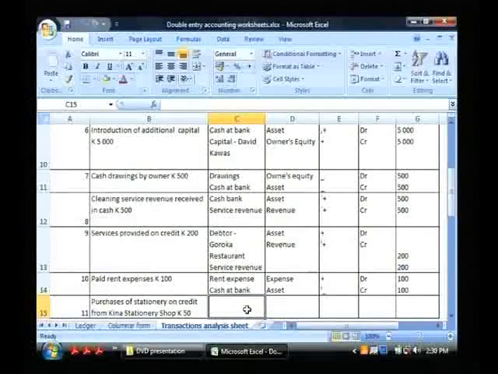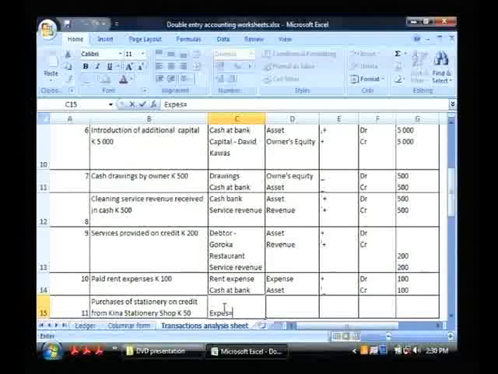On 11th, on this date, again credit transaction. The business has purchased stationery on credit from Kina stationery shop. So here stationery is an expense, so therefore expense account, and creditor. Creditor, write the name, Kina Stationery Shop.